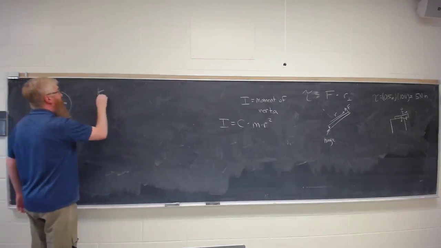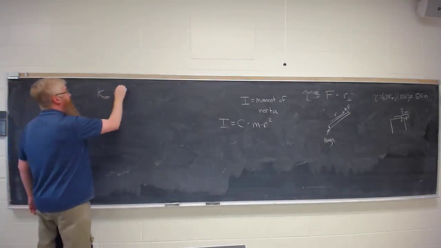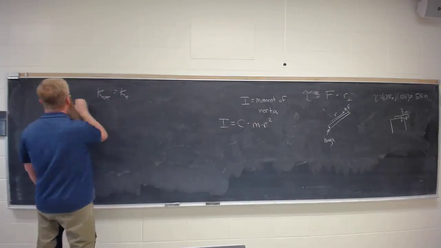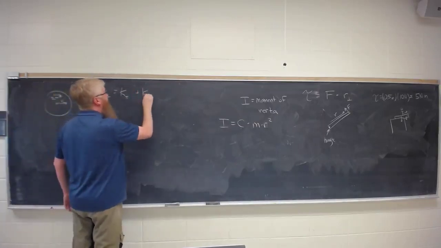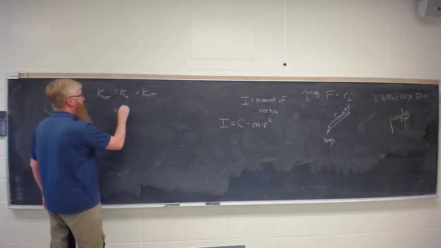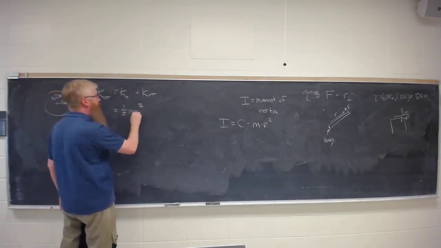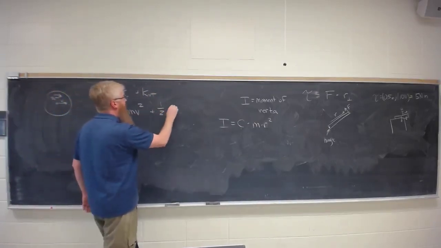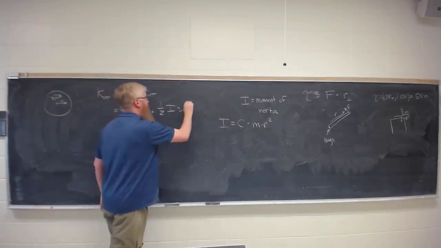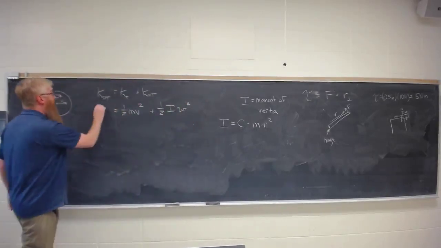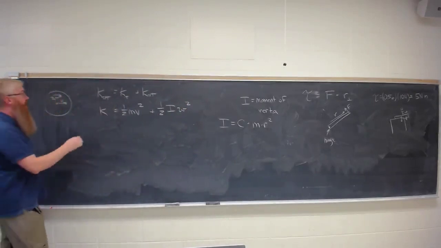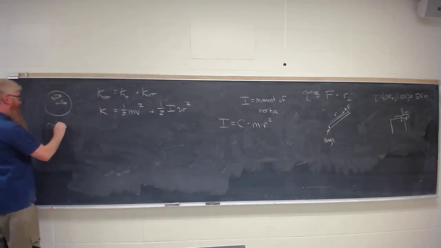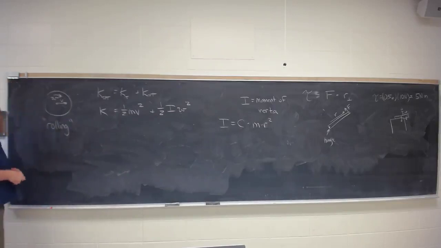So the total kinetic energy of the bike tire is the kinetic energy for the translational motion, the linear motion, plus the kinetic energy for the rotational motion. That's equal to 1/2 mass of the tire, speed of the tire squared, plus 1/2 I omega squared. So that's the total kinetic energy of the bike tire in a rolling situation. It's not just spinning on its axis, it's actually moving forward as well. And your book does talk about that a bit as well.